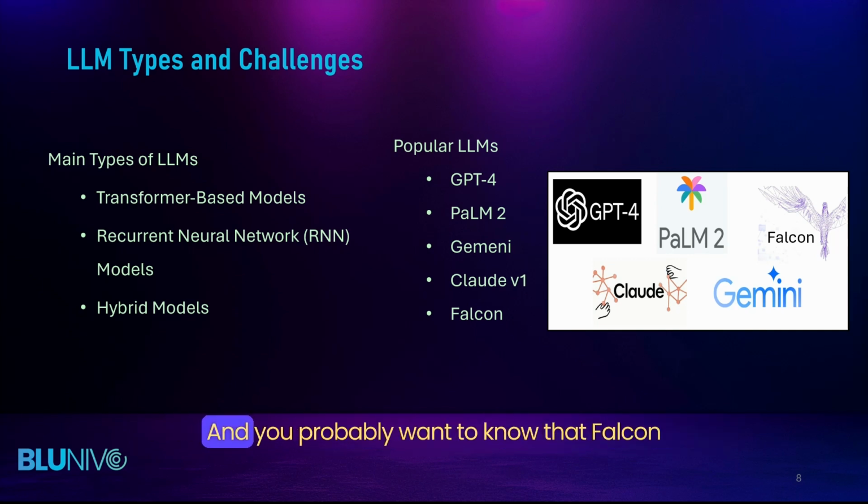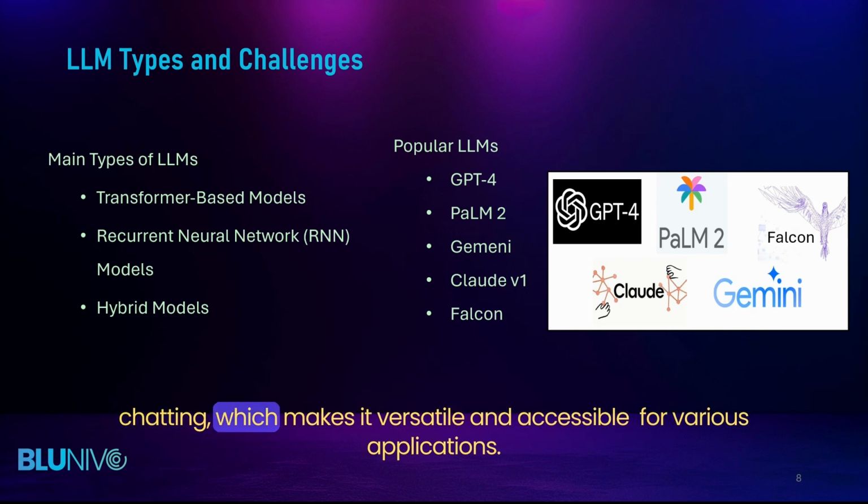And you probably want to know that Falcon comes in two versions, one with 40 billion and the other one with 7 billion parameters. And this one specifically is fine-tuned for chatting, which makes it very versatile and accessible for various applications.